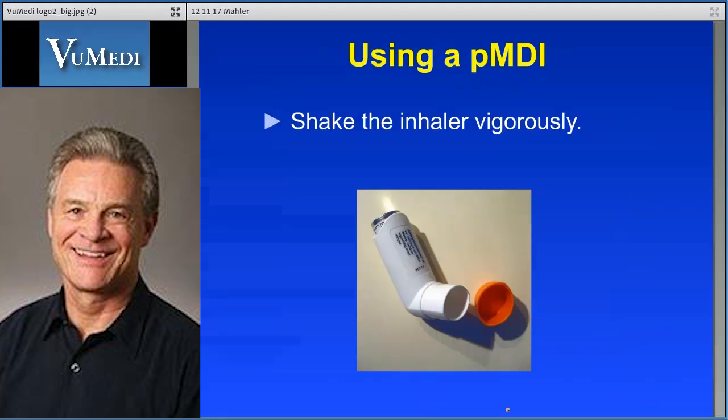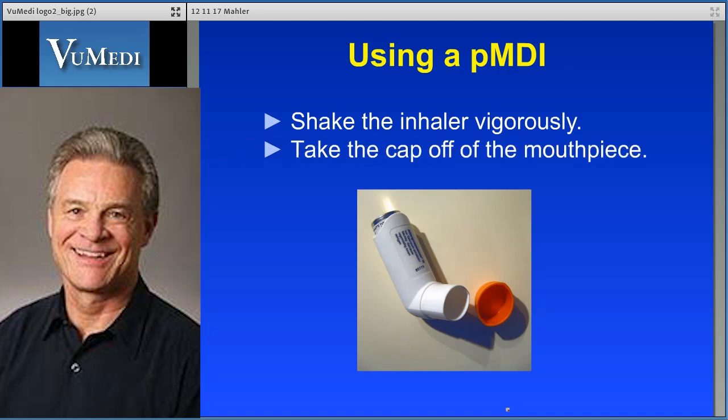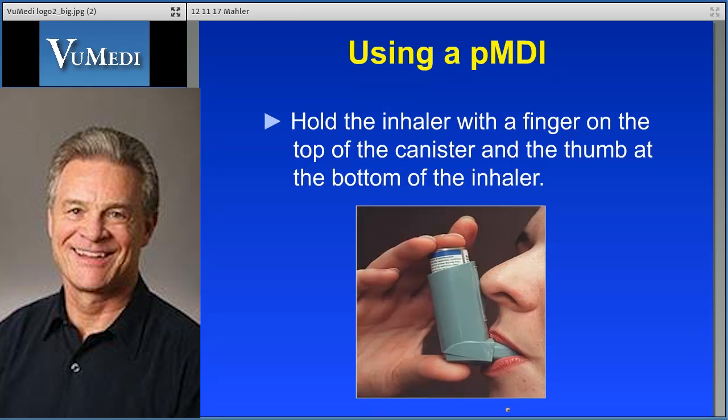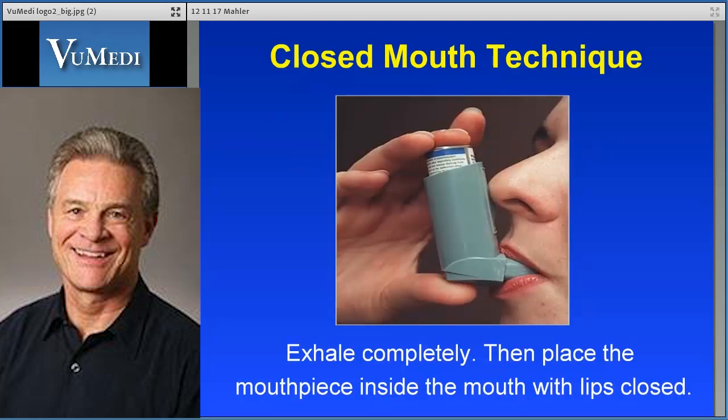Using the metered dose inhaler, shake the inhaler vigorously. Take the cap off of the mouthpiece. Hold the inhaler with a finger on the top of the canister, shown here, and a thumb at the bottom. 2 different techniques are available.